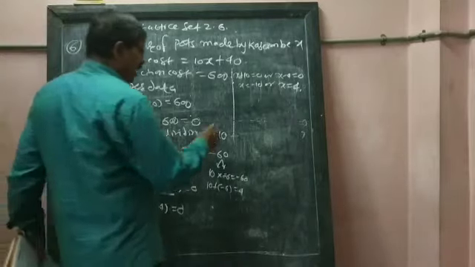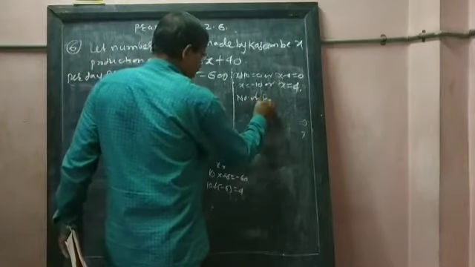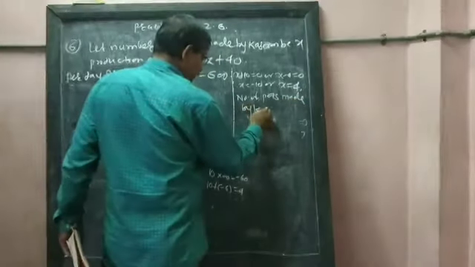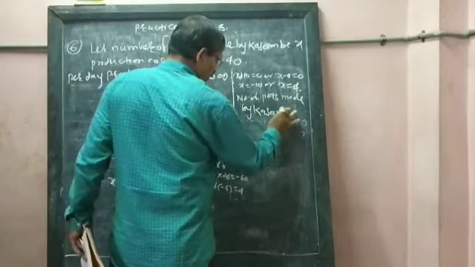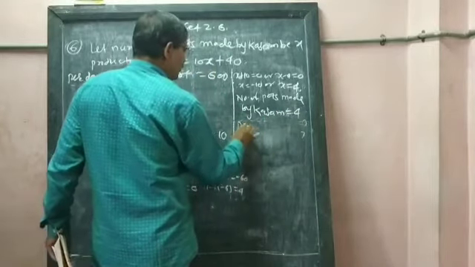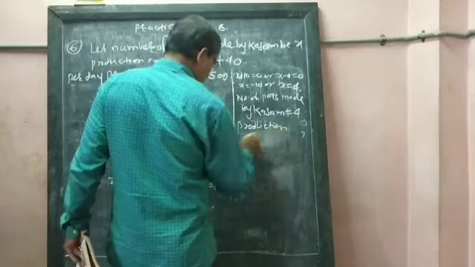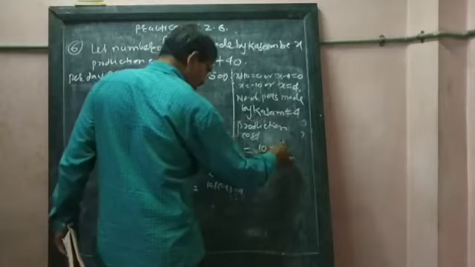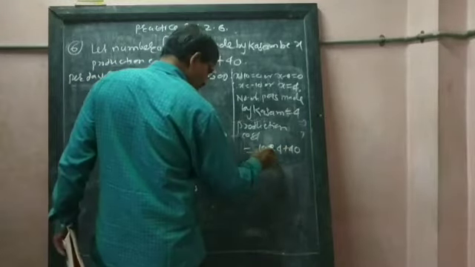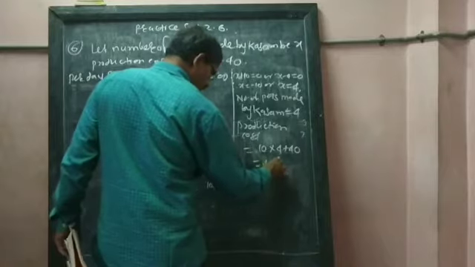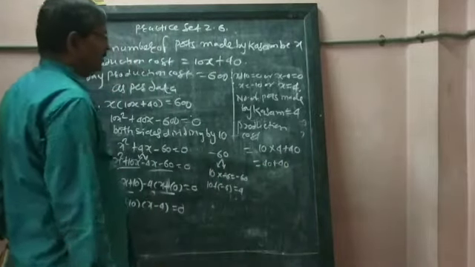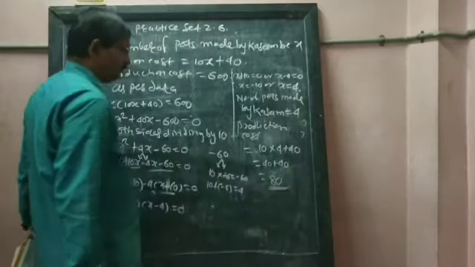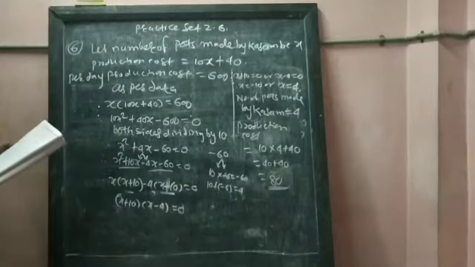So the number of pots made by Qasim is 4, and the production cost is 10 times the number of pots, means 10 into 4 plus 40. 10 fours are 40 plus 40, that is 80. Understand? So this is the answer.